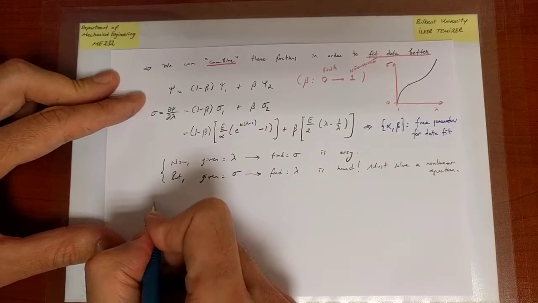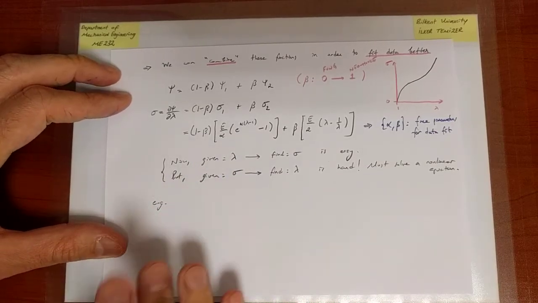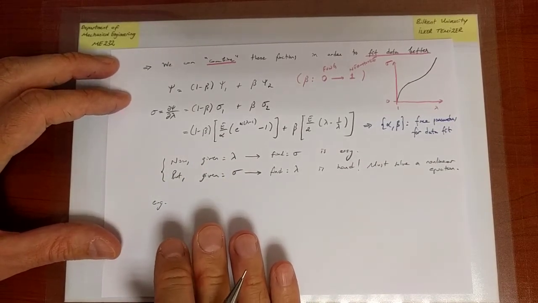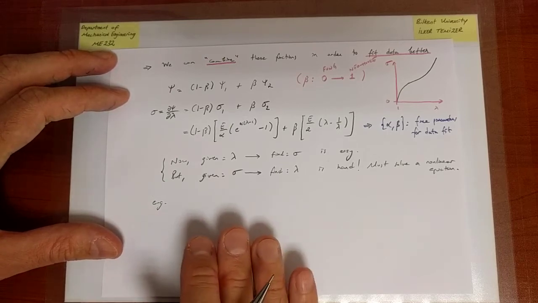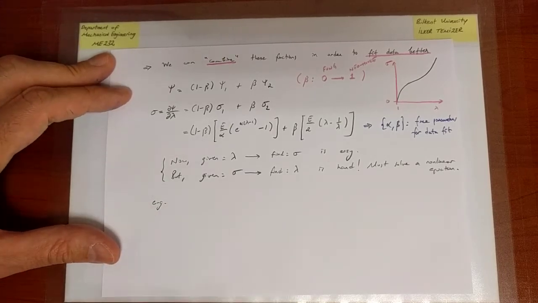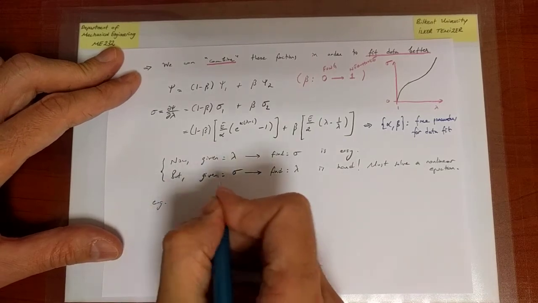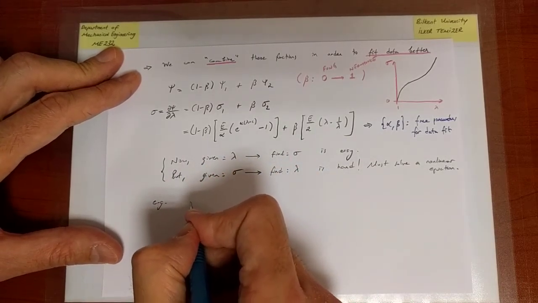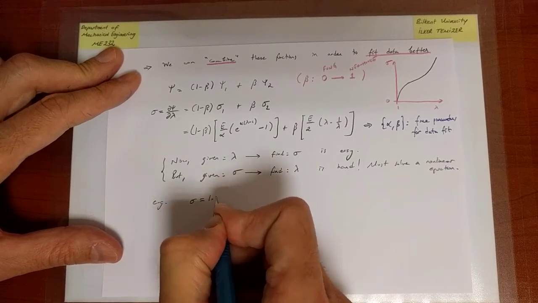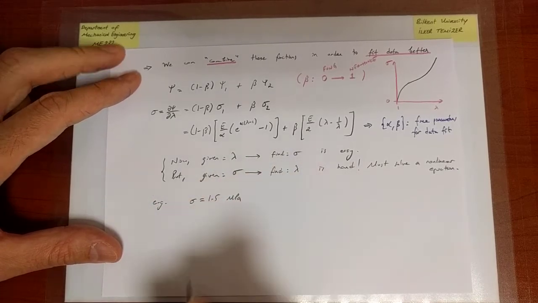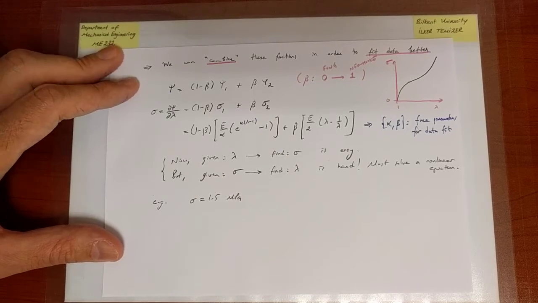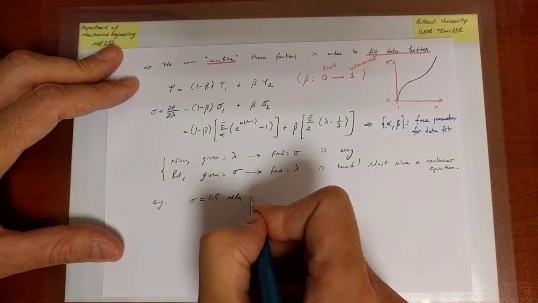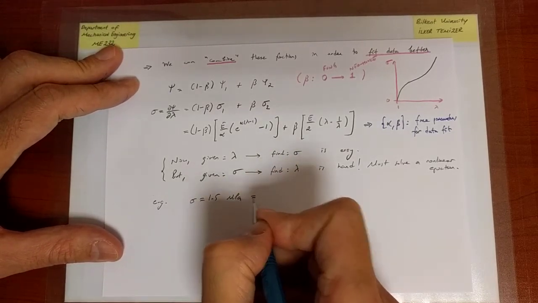Now, let me demonstrate a very simple tool. It's simple yet robust, and we'll immediately use it in an example where we have to answer such a question. Let's pick some representative values. I'm going to pick the stress to be 1.5 MPa, so suppose that's the stress we're imposing.